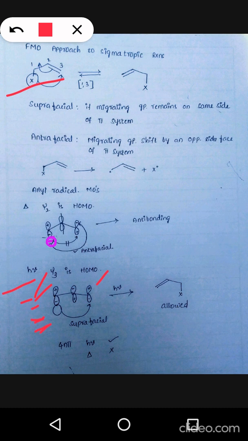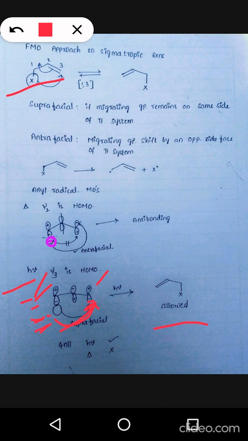Now for the sigmatropic shift, this group should migrate from here to here. So the minus lobe orbital is moving from here to here. Again it has to interact with only a minus lobe of the molecular orbital. So that interaction is possible and bonding will take place. So it is called an allowed reaction.